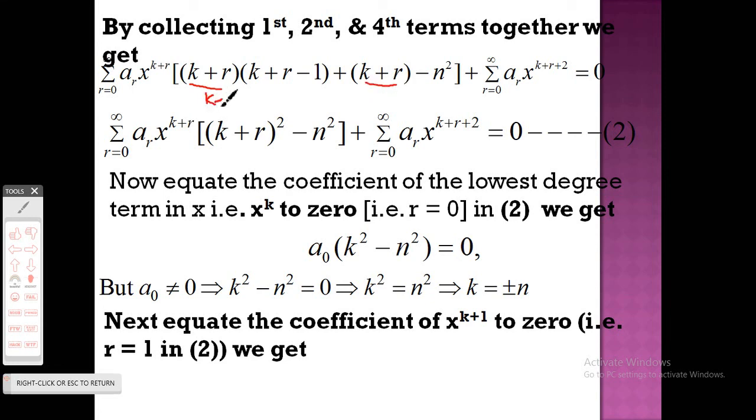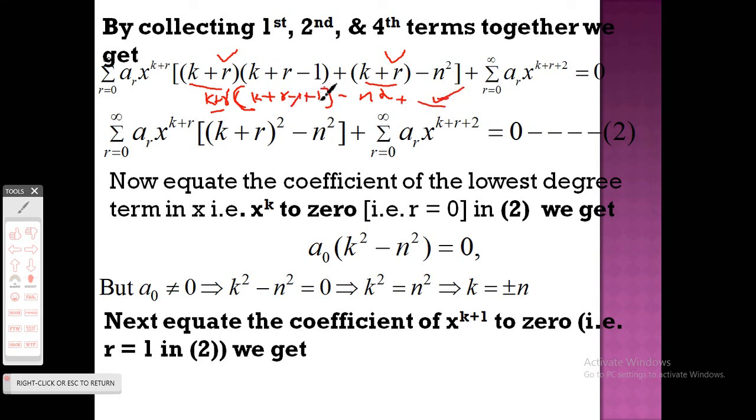Let me take common the term k plus r, and if I take k plus r as common, we can write the remaining terms as, here k plus r minus 1 plus this k plus r I have taken common, so here plus 1 in these two terms, minus n square, okay, plus the third term I will be writing as it is.